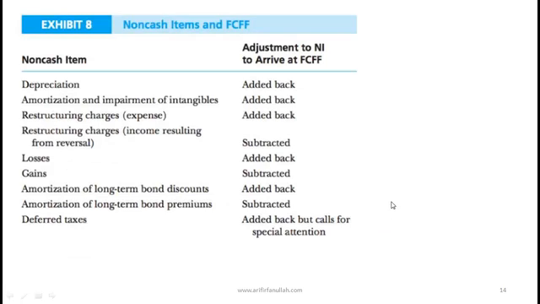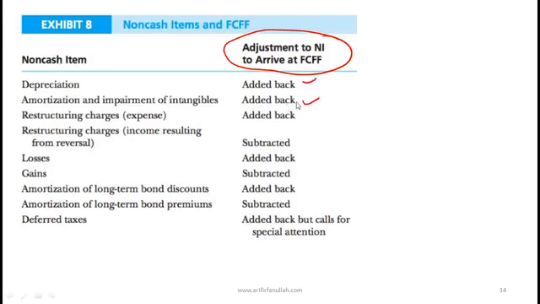I think from an exam perspective, the only thing you really need to focus on in this section is Exhibit 8, which tells you something that you should already know, which is how to deal with various non-cash items. How do you deal with depreciation? You need to know how to adjust the net income for these non-cash charges. It is obvious, depreciation reduces net income, but since it's a non-cash charge, you add it back.